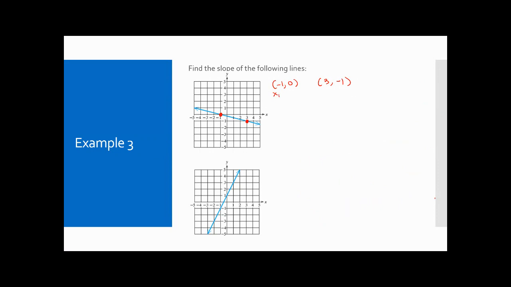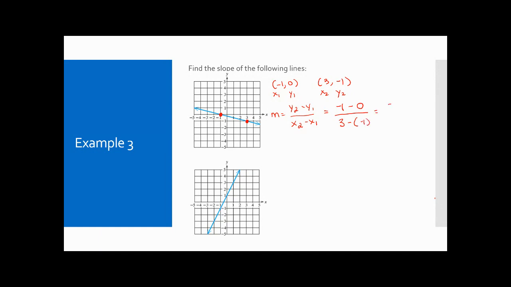So I'm going to label these x1, y1, x2, y2, and then I'm going to use the slope formula. So it's y2 minus y1 over x2 minus x1. So y2 is -1 and y1 is 0, so that's -1 minus 0. x2 is 3. x1 is -1.